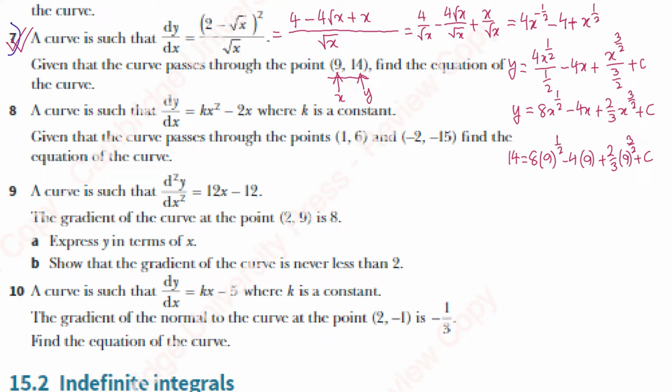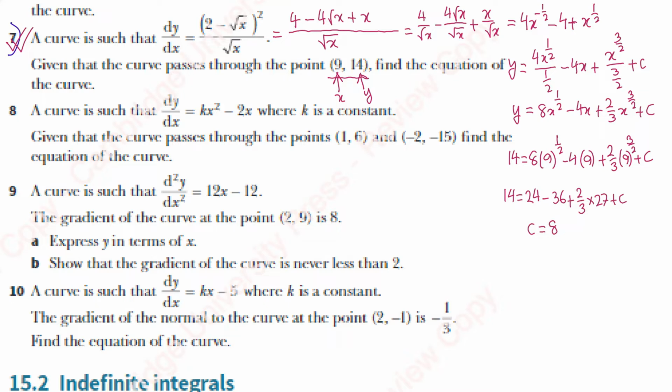Now our target is to find the value of c from here. You can use a calculator. 8 into 3 is 24, minus 36, plus 2 by 3 into 9 to the power 3 by 2, which is 3 cubed, 27, plus c. If you calculate with the calculator, I think you would get c equals 8.